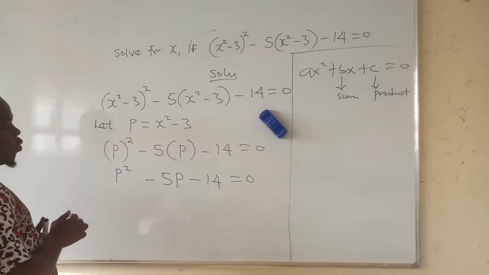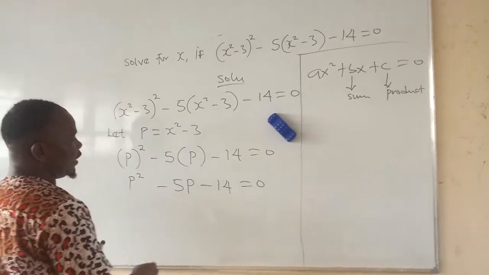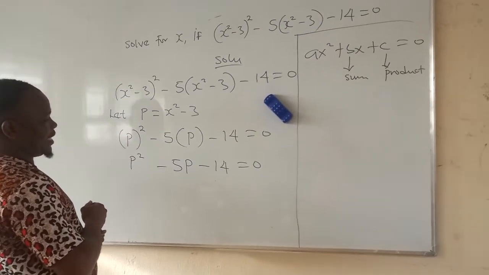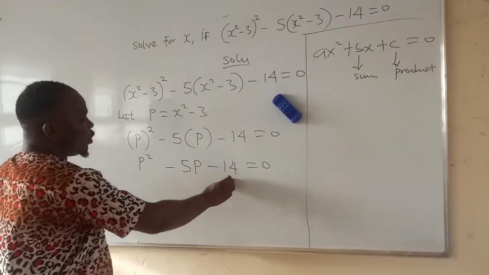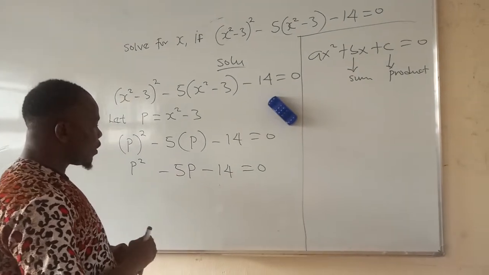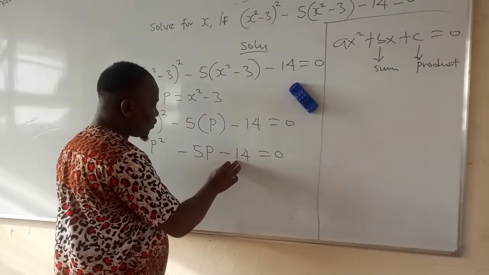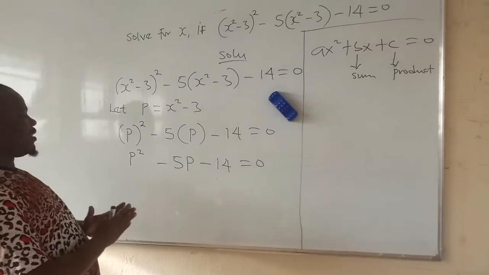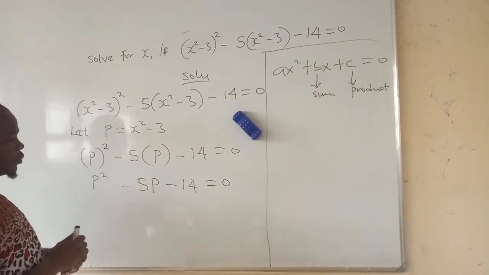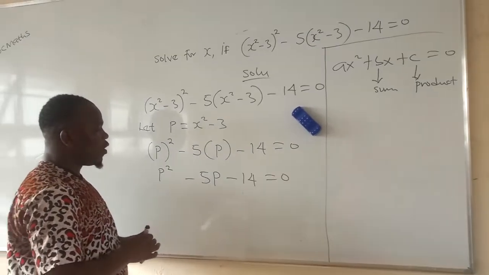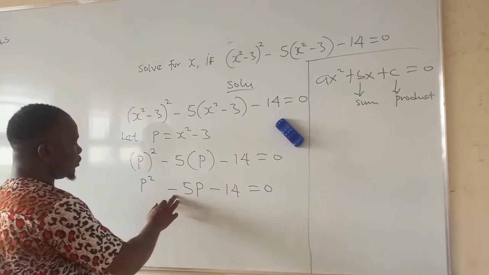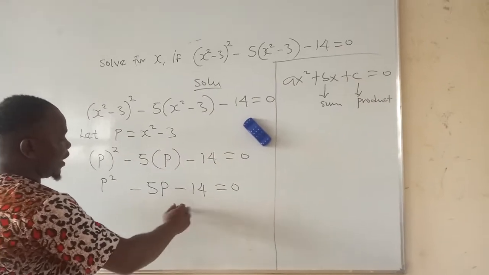Since this is the product, it implies that we are going to look for two values that multiply to give us 14 here, and by the time we add them, give us 5 here. Is that clear? Now we are going to consider the sign too. Look at it here: the sum, we have minus 5, and the product, we have minus 14.